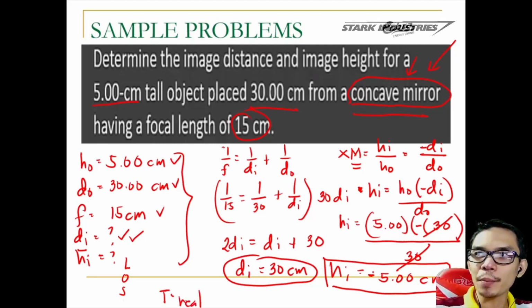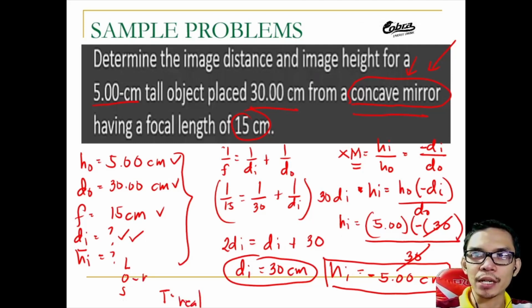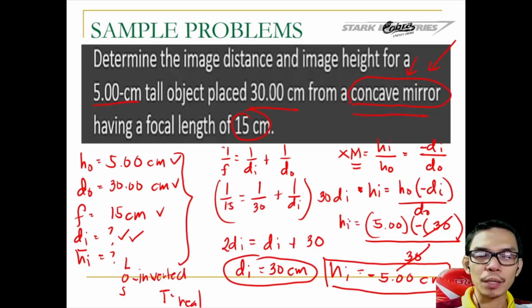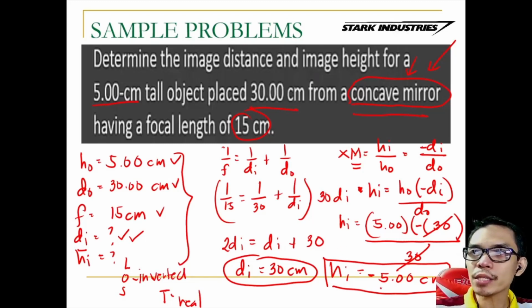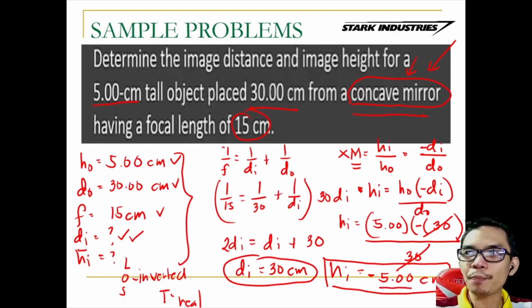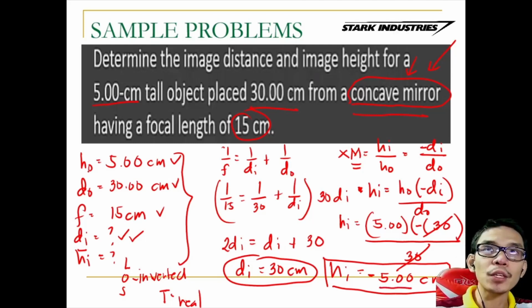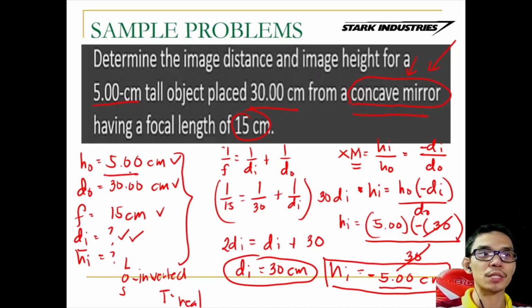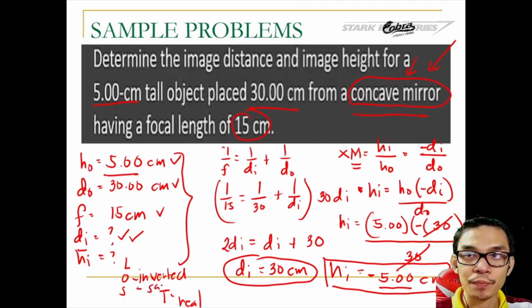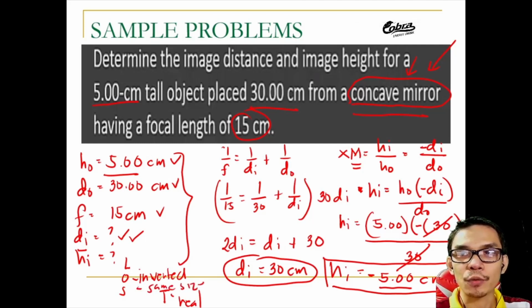Then the height of the image is negative, so therefore that is an inverted image. Now, what about the size of the image? As you can see, the image is 5.00 cm. The height of the object was 5.00 cm. So therefore, it has the same size.